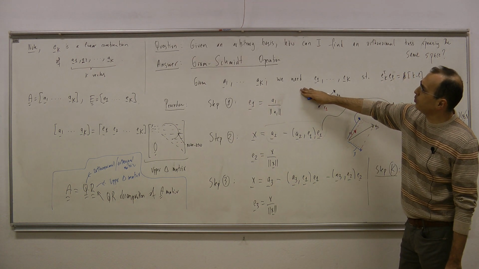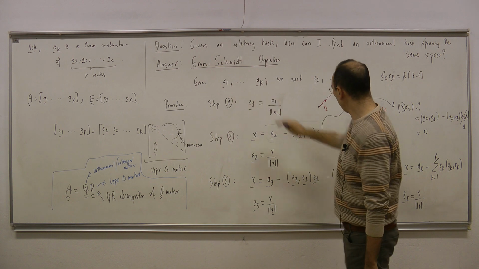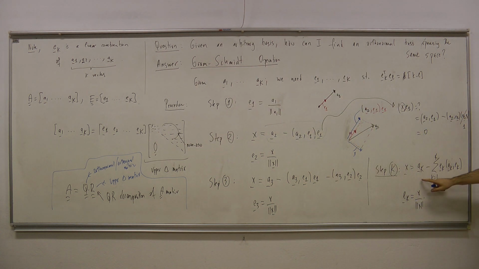So, what do I mean by linearly independent? At the end of these steps, let's say at the K step, if you get a perfect cancellation over here, that means I have a 0 over here. That means that AK is a linear combination of, there is a mistake, it's good that we caught this, K minus 1, because all previous. Okay. So the last one is a linear combination of all previous vectors.